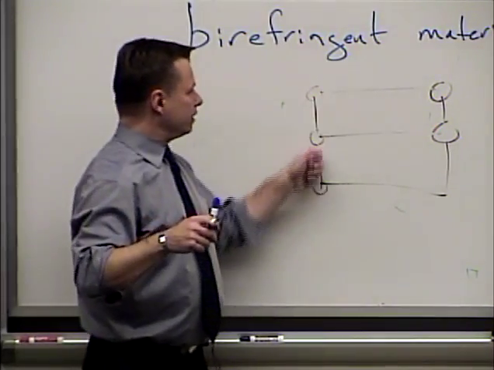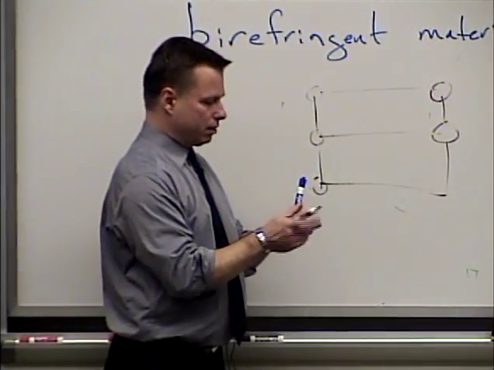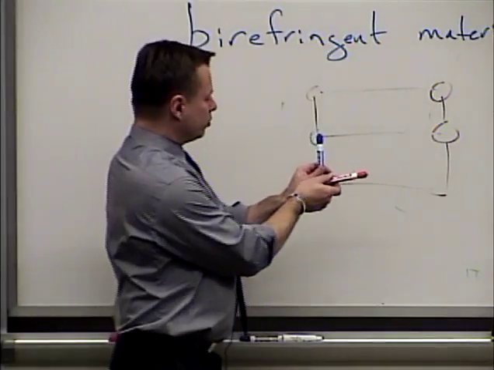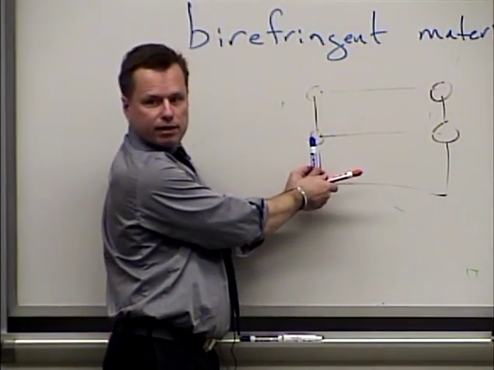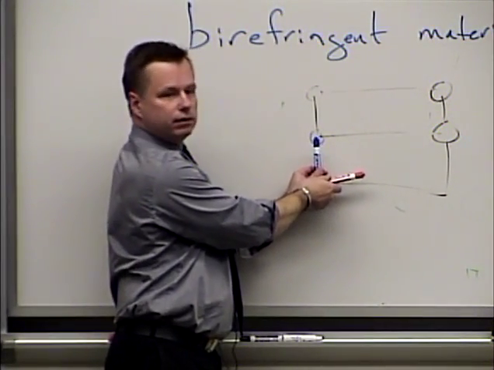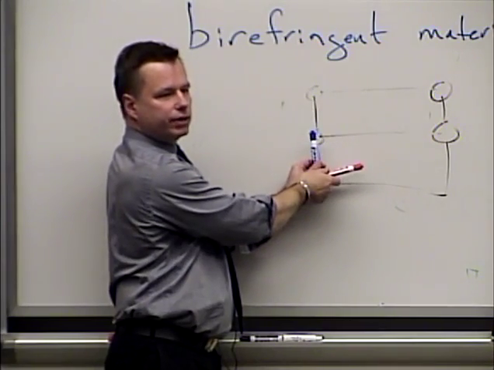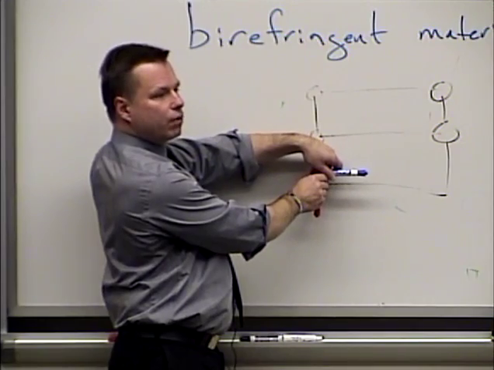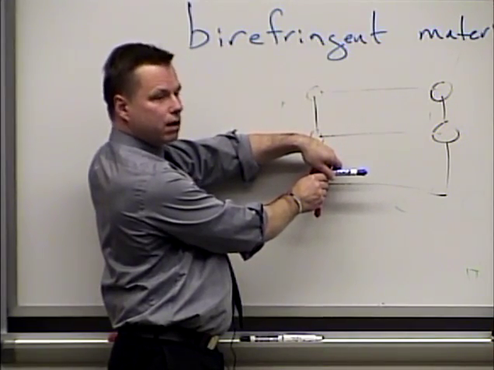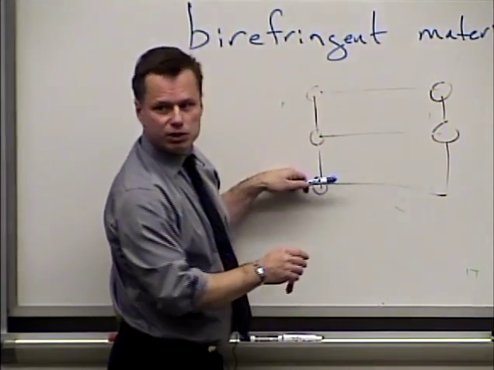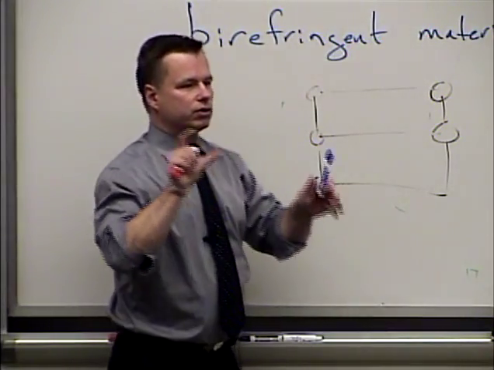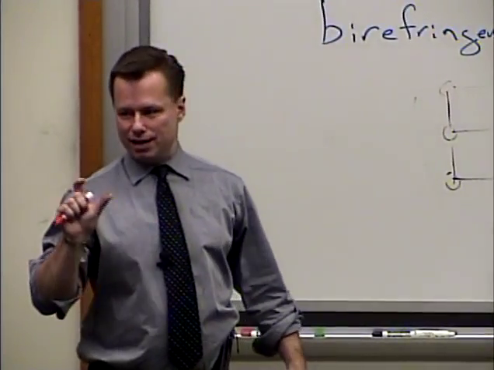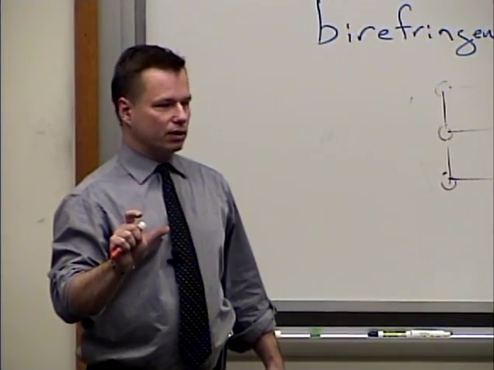So you'll get a different index of refraction if your electromagnetic wave is coming in like this, with your electric field along the direction of this bond, as opposed to coming in like this with your electric field along the direction of this bond, like so. So you'll get two different indices of refraction depending upon the polarization of the light.